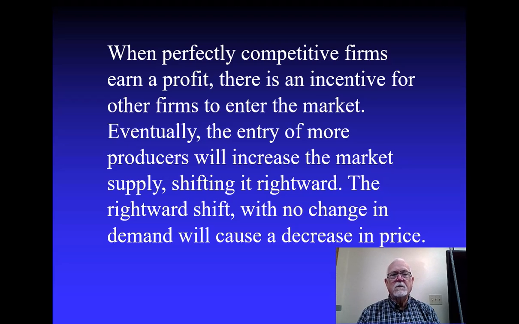Well, as long as that price quantity combination, the profit maximizing quantity I'm talking about, yields profits for the typical firm, that's going to provide an incentive for additional firms to jump into the market and pressure on the price to drop. Let's think about the alternative, though.